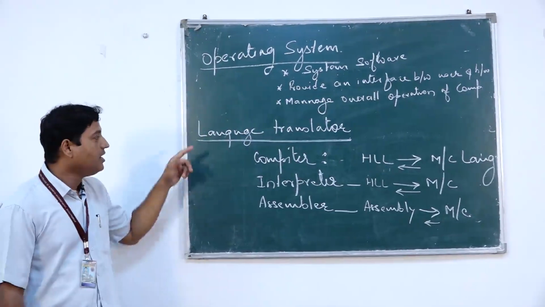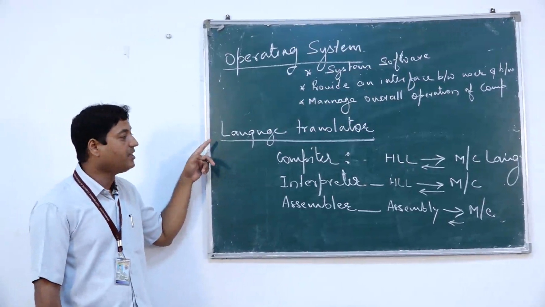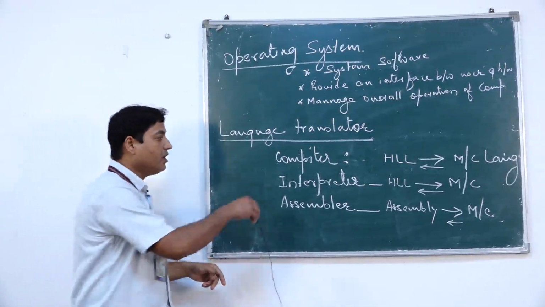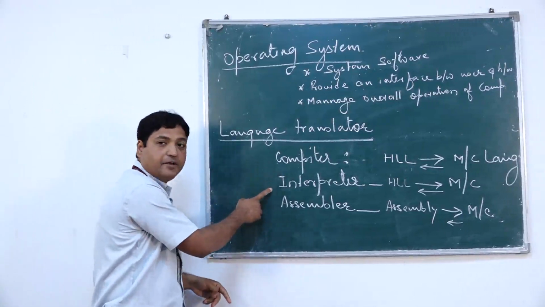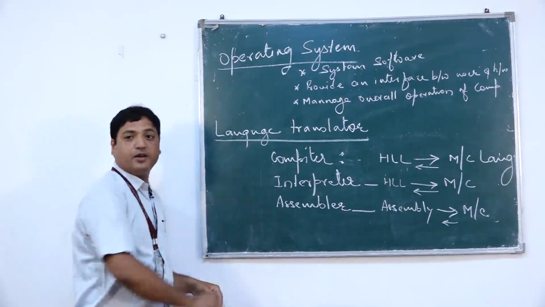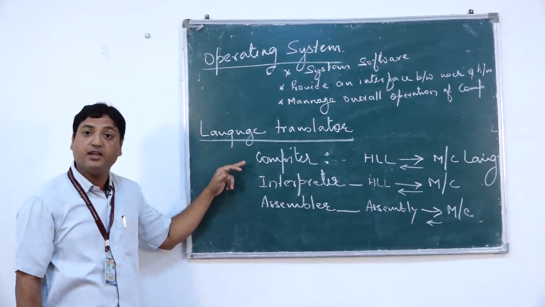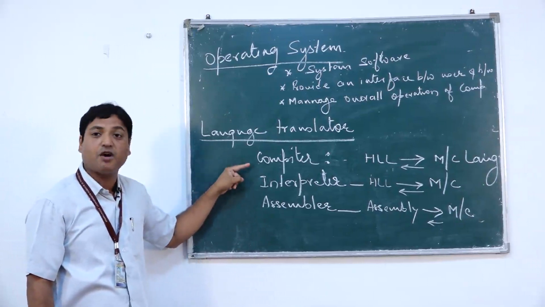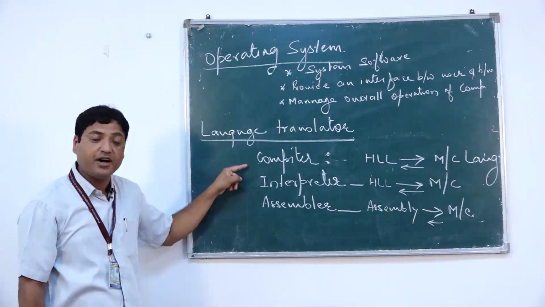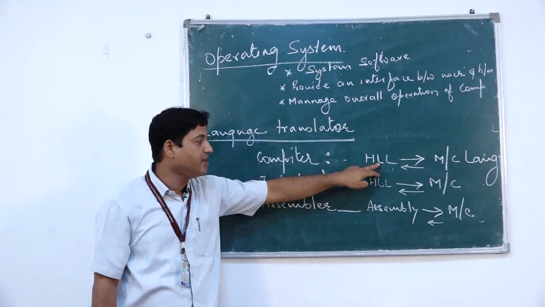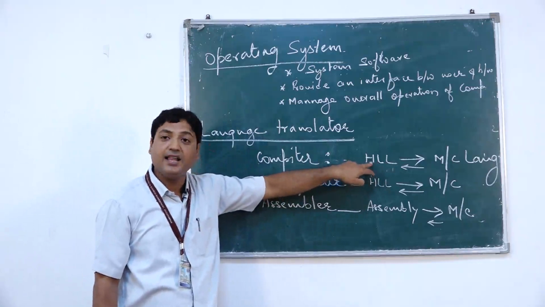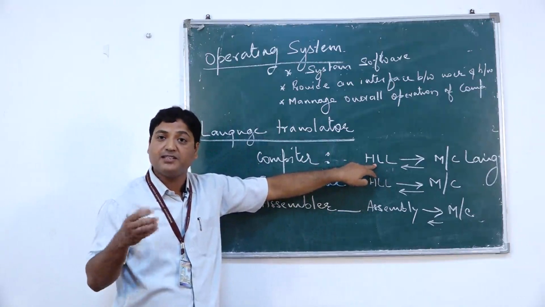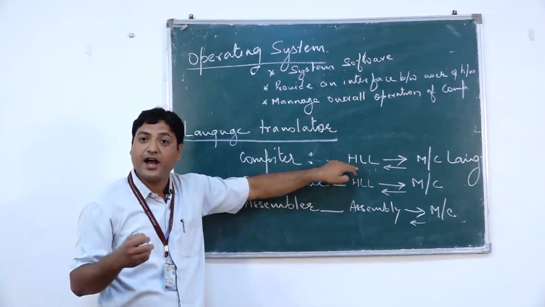Next one is the language translator, and the different types of language translator are compiler, interpreter and assembler. So what is a compiler? A compiler is also a kind of system software which can convert high level language, that is HLL, like Hindi, English, Java, C, C++, all are examples of high level language.